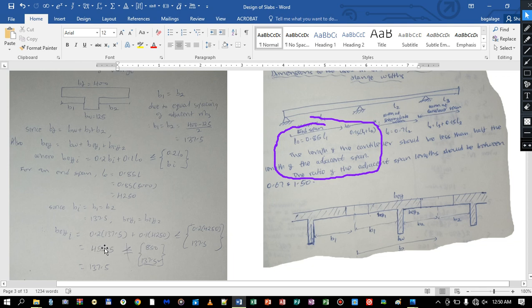We get this figure, but it shouldn't be more than 0.2 LO, which gives you 850, and it shouldn't exceed the provided distance, which is 137.5.